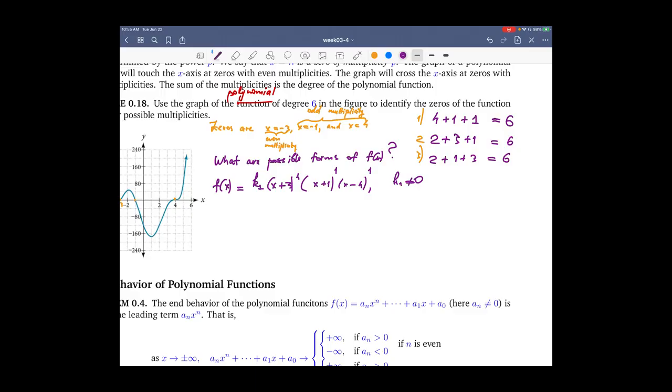That's one possibility. Another possibility for F is that -3 is a root of multiplicity 2, -1 is a root of multiplicity 3, and 4 is a root of multiplicity 1. The whole thing is then multiplied by some constant k2.